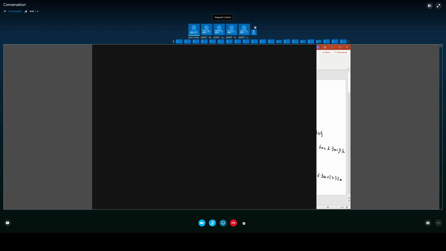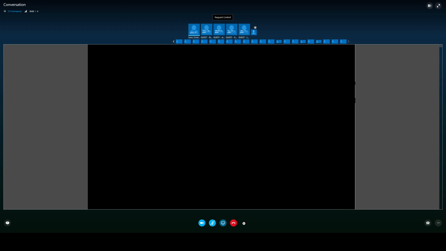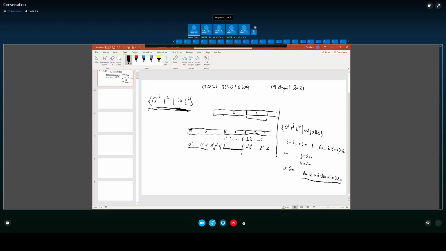So the m then is some arbitrary value. In fact, the m can be 1, 2, 3, 4, 5, 6, 7, 8, 9, 10, and so on. And for each value of m, you're going to get a word that satisfies this, so that's in there.